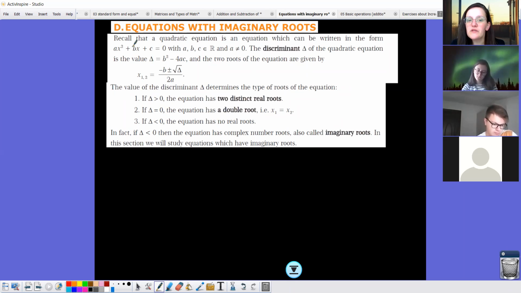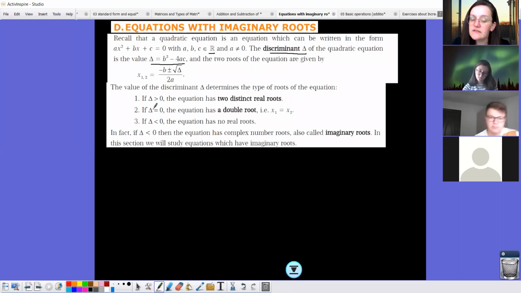I didn't explain from the beginning, but we know a quadratic equation is in this form: ax squared plus bx plus c, and a, b, c are real numbers. And we have the discriminant, b squared minus 4ac, and our quadratic formula, minus b plus or minus the root of the discriminant over 2a.